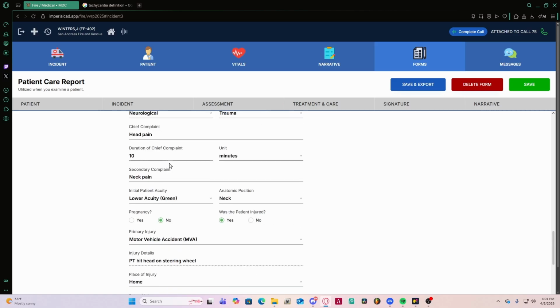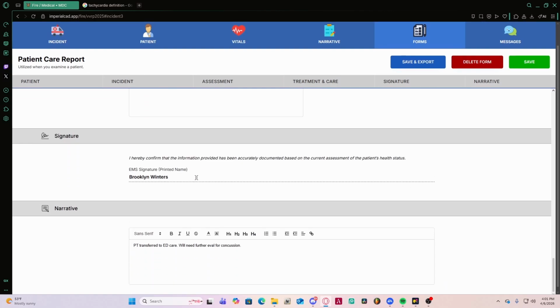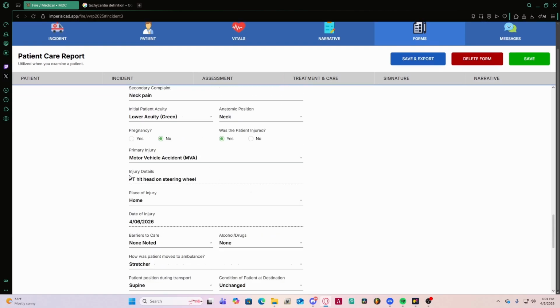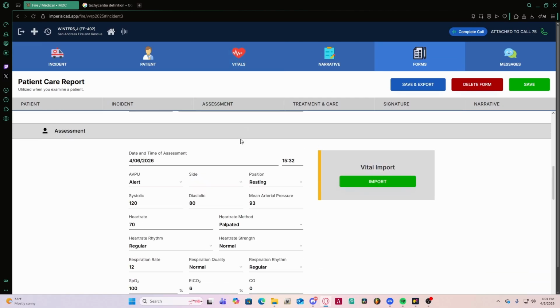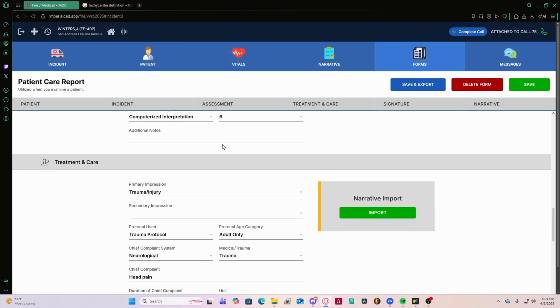You can fill this all out in here if you really want to, as a one-page summary, one and done. That's perfectly fine. But the auto-generated stuff, like GCS or other things I'm not going to be able to do the math for quickly, is very helpful. I prefer to do the one-by-one tab process.